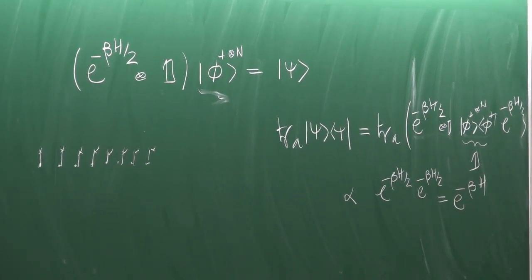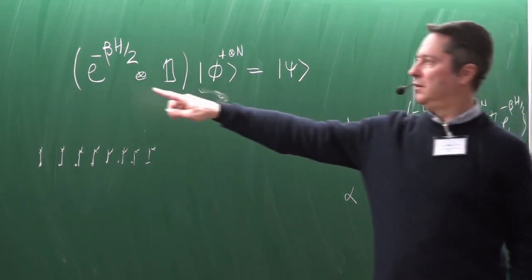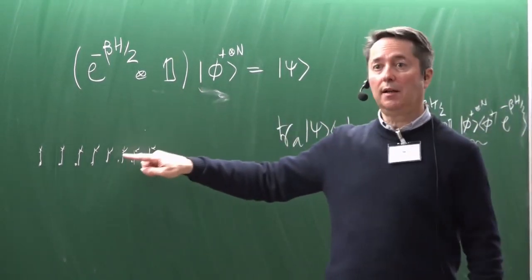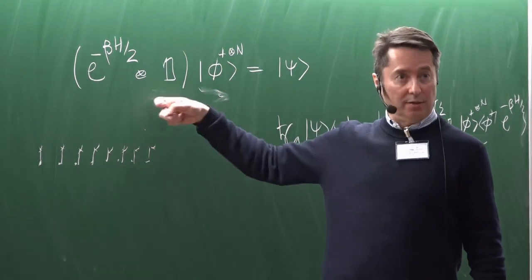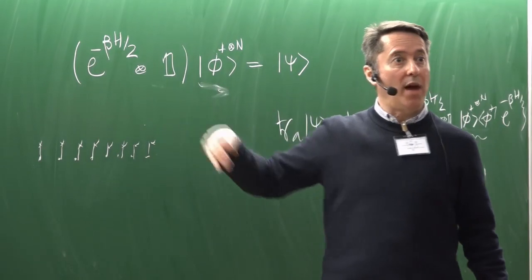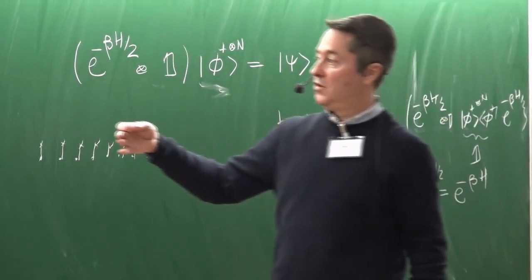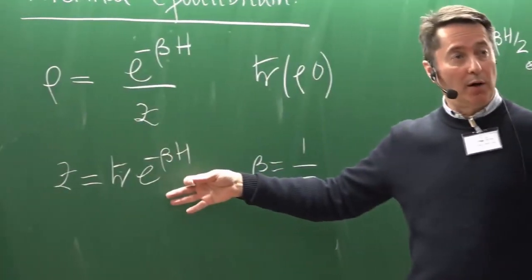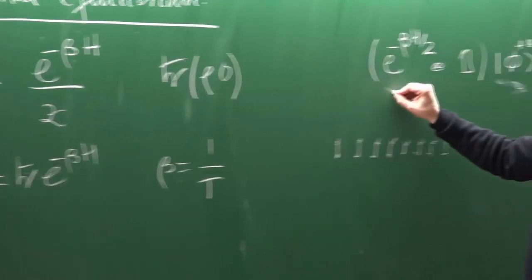So you see that if you prepare this state with one ancilla, what you have is a purification of your Gibbs state. So a way of solving the problem that I mentioned before would be to prepare this purification.